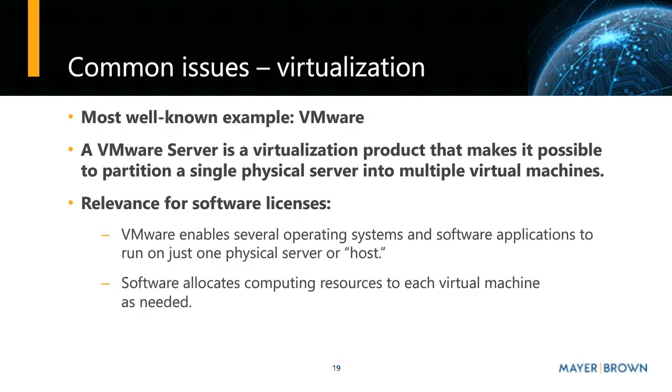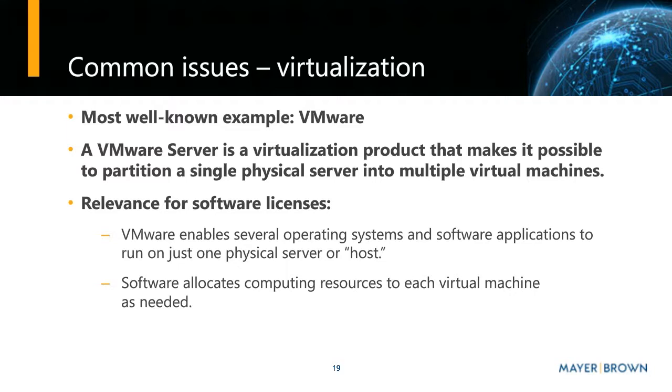So virtualization, the most well-known example of it is VMware. Virtualization is a technology that makes it possible for a company to partition a single physical server into multiple virtual machines. And that is also, again, to reduce license cost that some clients have invested in this technology.